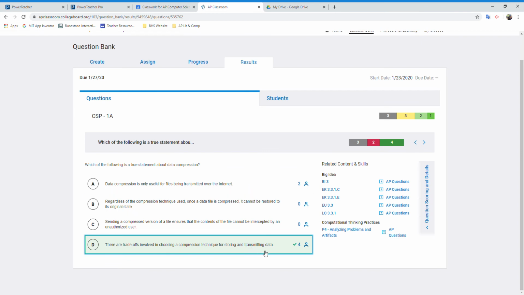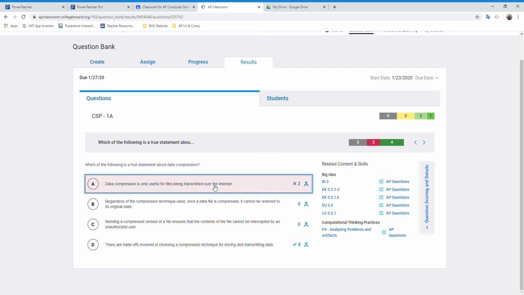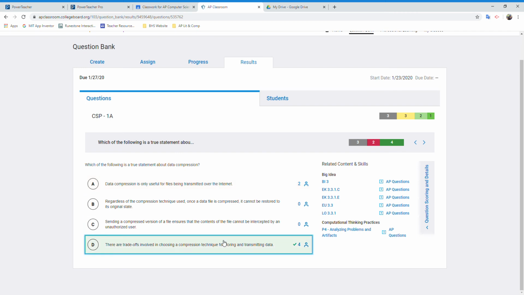While it might be useful to archive old data, if I'm retrieving archived data, it may take longer than retrieving data that is not archived. So there are trade-offs involved in that. Whereas if I'm talking about data compression being only useful in one context, that's simply not true. I can compress data in a server and have a good reason for it. It's just that I pay for it.